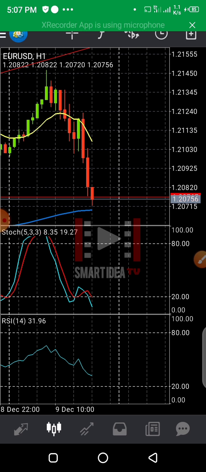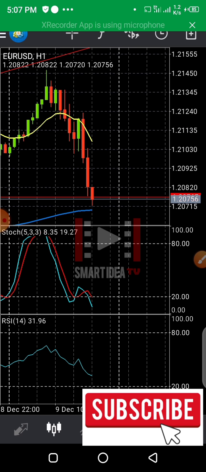Okay, welcome back. Now I have a trade I want to execute, and it is assumed that you have done your analysis. In this trade, I want to take a sell trade. I've shown you how to calculate take profit and stop loss for a buy trade, and now I want to show you how to calculate them for a sell trade.